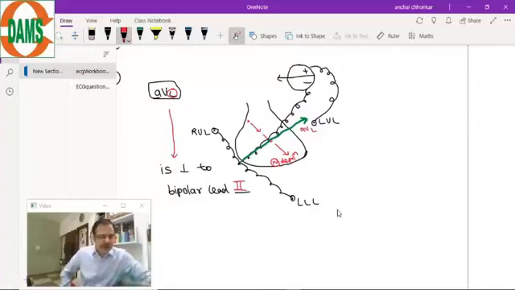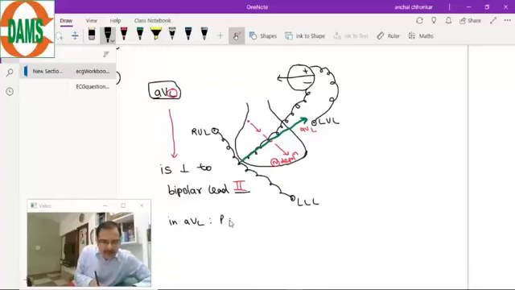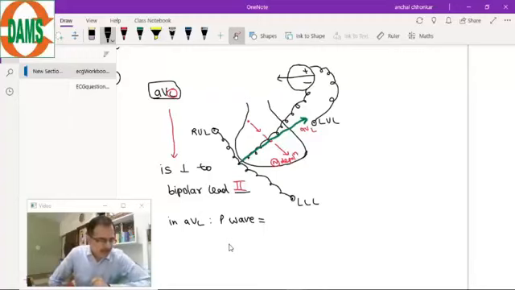Second conceptual question to you: in AVL, tell me, the P wave will be positive, negative, or net zero? What will be the P wave?